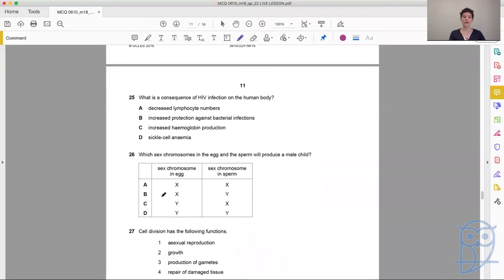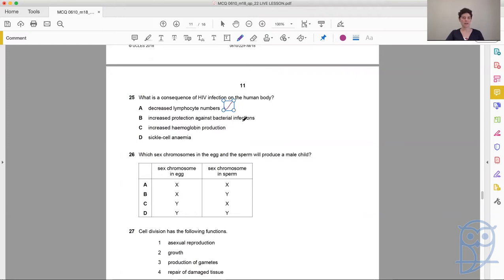Question 25. What is a consequence of HIV infection on the human body? Remember, when we get the HIV infection, we are attacking that immune system directly. So the immune system is weakened. Why? Well, A looks rather good. Decrease the lymphocyte numbers, yes.